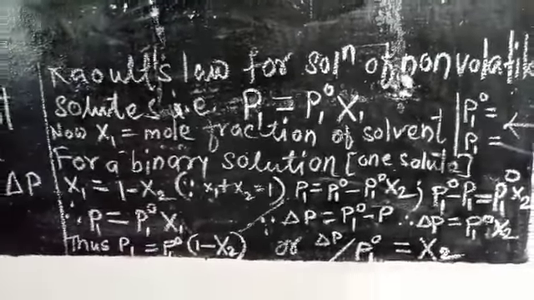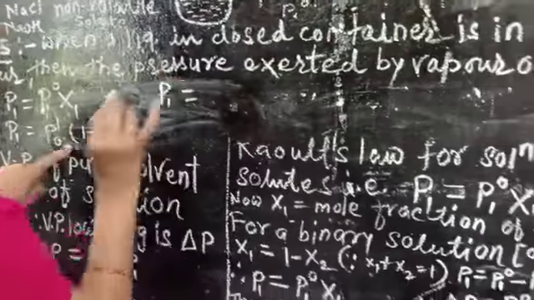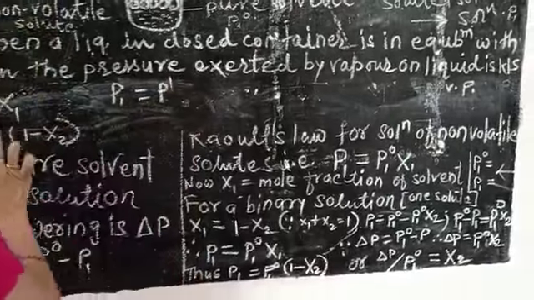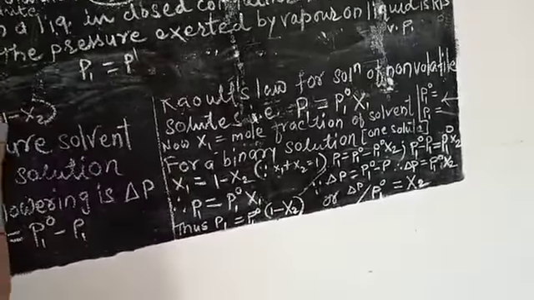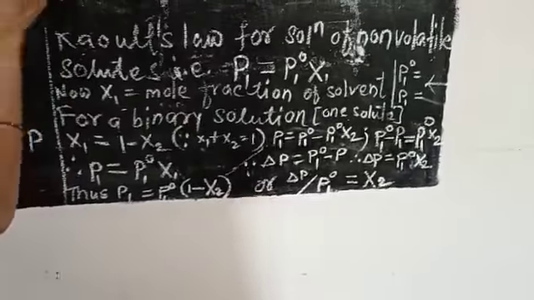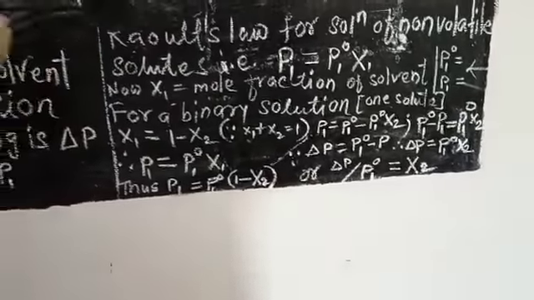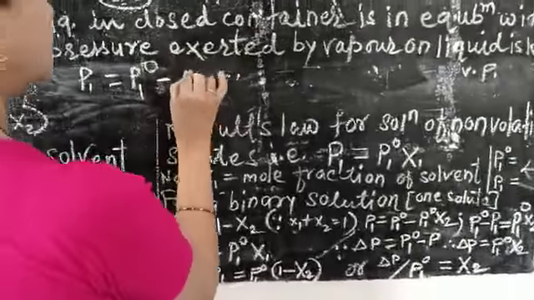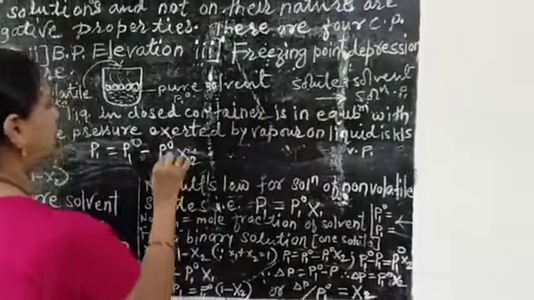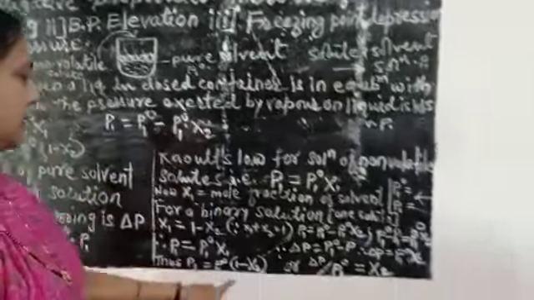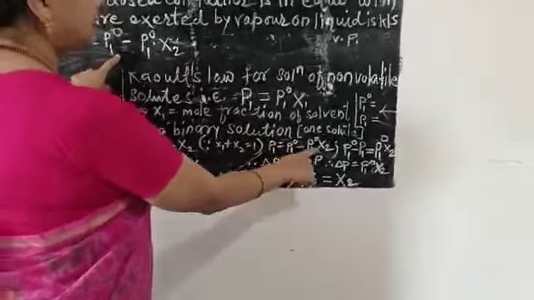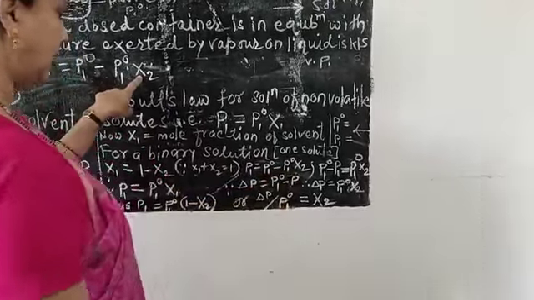So the expression will become P1 is equal to P01 minus P01 into X2. See here, P1 is equal to P01 minus P01 into X2.